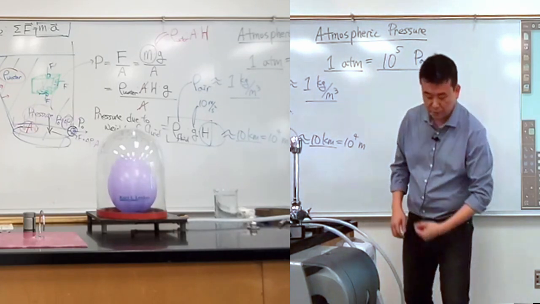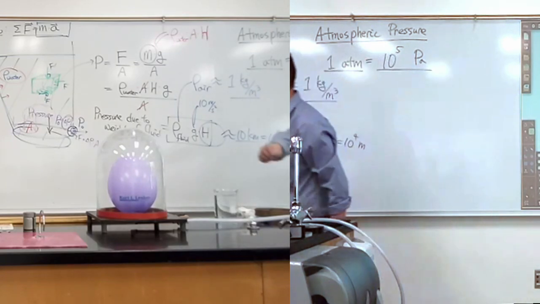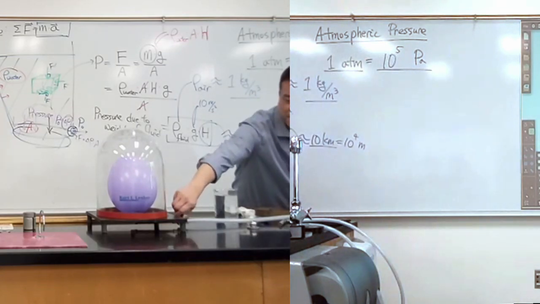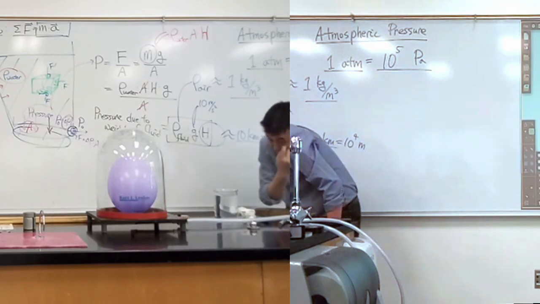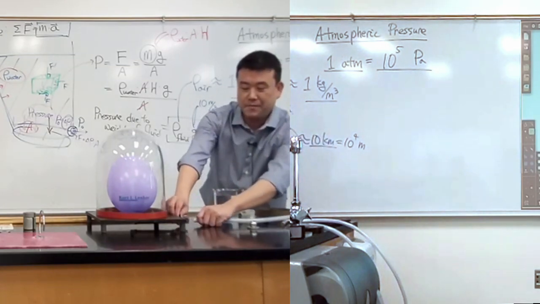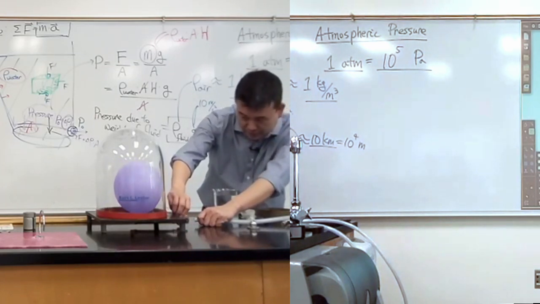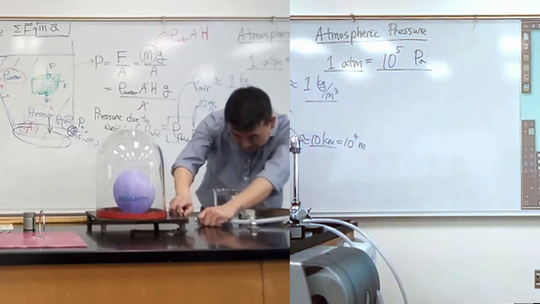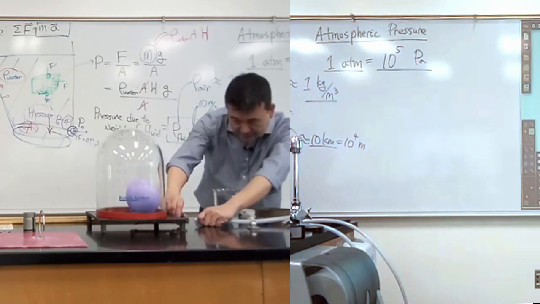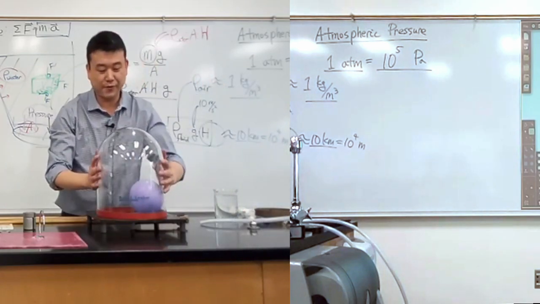Oh, sorry, it blocked the hole. Yeah, that's the biggest problem with this. Occasionally it blocks the hole. Okay, so I think what I need to do is orient the balloon correctly.